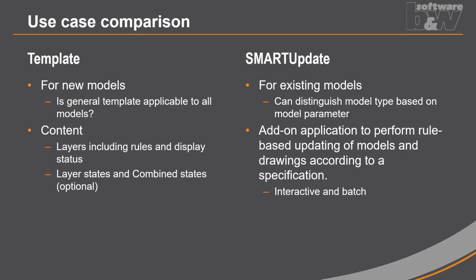And well, optional, you could create layer states and combine states to make it easier to switch between the layers. And on the other hand, for existing models, it's very difficult to update those without having any help for this, because I tried using map keys for this, and I just can tell you this is not a good idea because it's failing all the way.